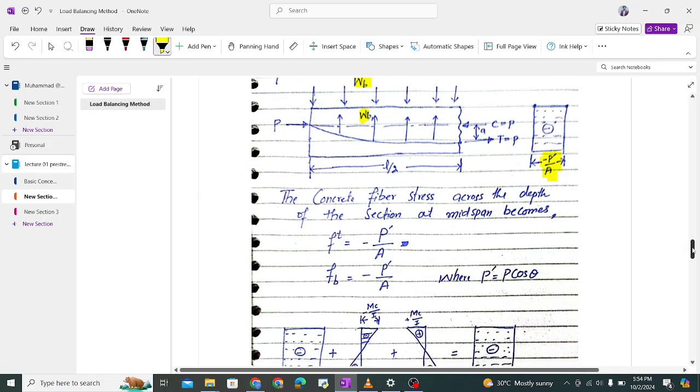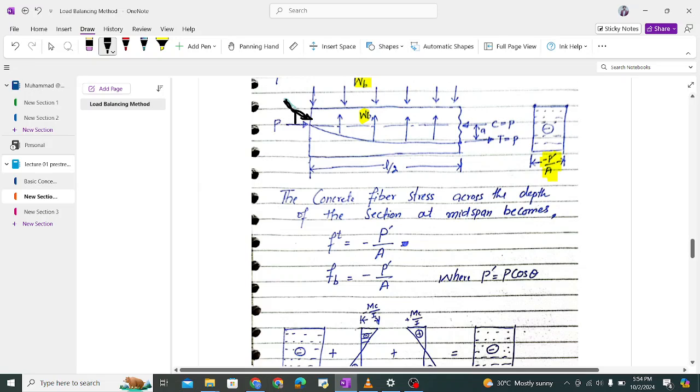Yes, definitely, as in reality we say that the force is like this. Let me draw it in a black color. The force is like this along the line of action of the tendon, and there is a theta angle.